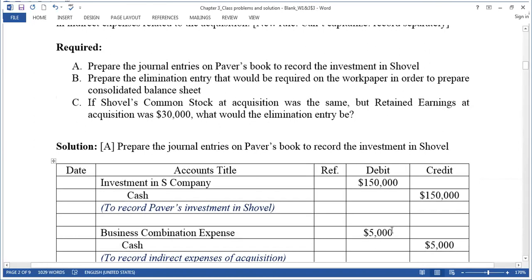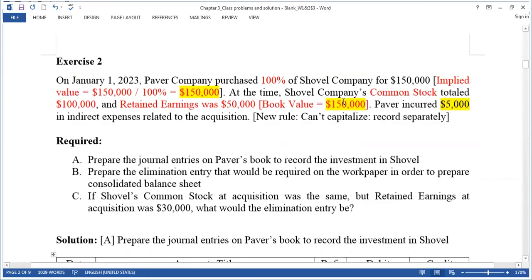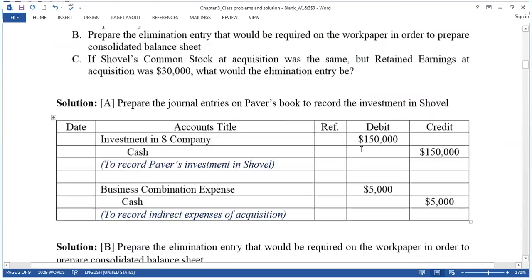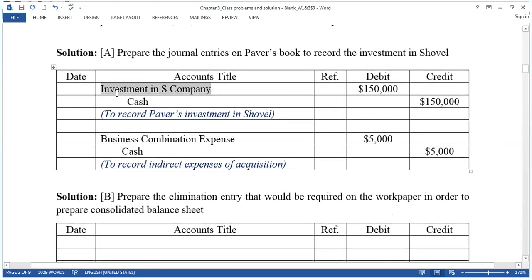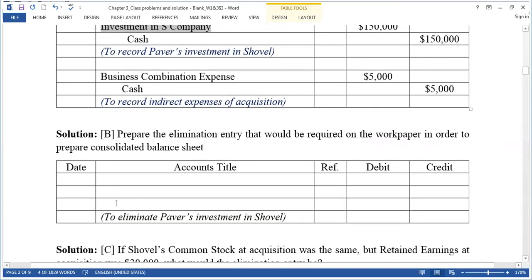Go to requirement B. Prepare the elimination entry that would be required on the worksheet. Yes, so we have to eliminate some accounts. As we don't have any differences up to here, we do not need to calculate any differences. So this account should be eliminated first. Investment is going to decrease now, so this is credit.